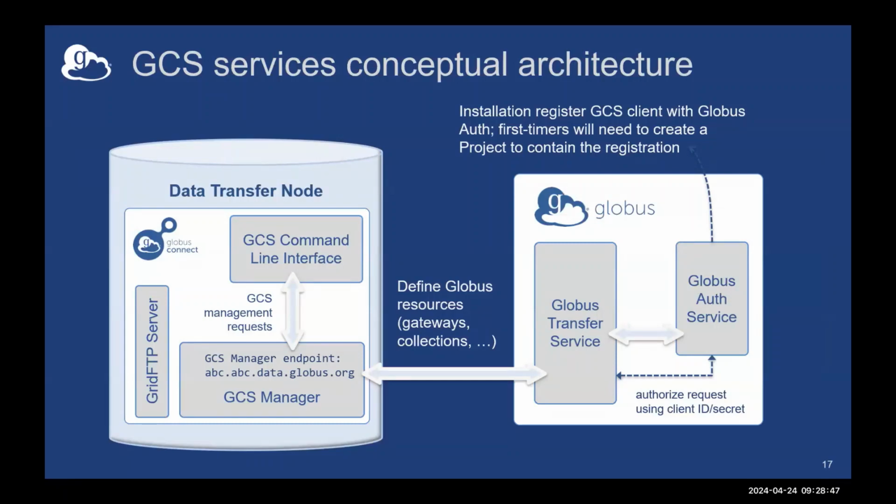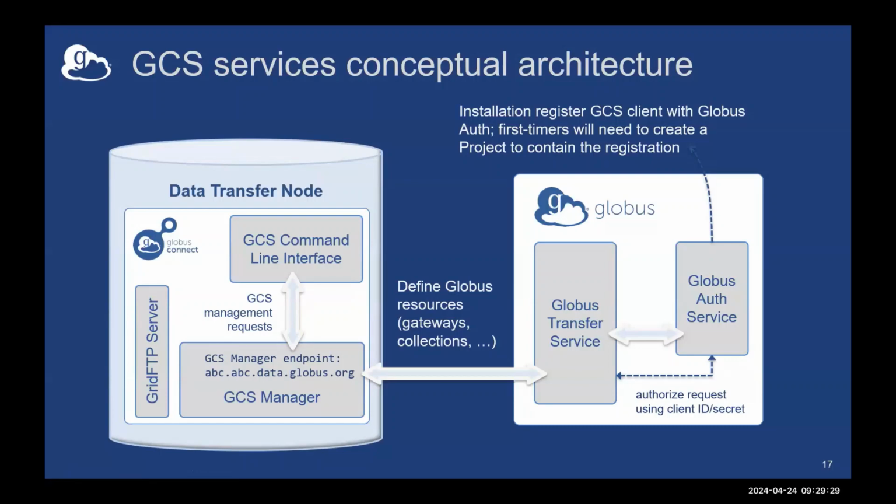Conceptual architecture of the Globus Connect services. So you install the package of Globus Connect Server on the data transfer node. It comes with a command line interface that you can configure things with. It starts several services, and one of them, the most important, is the Globus Connect Manager service that sits and listens to and talks to the Globus services globally.